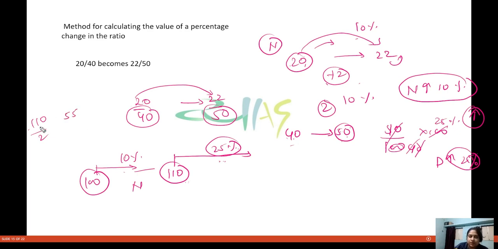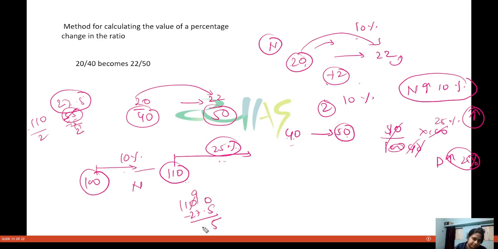Let us look at this method once more so that everybody becomes very clear with this concept. So what is happening? There is 20 divided by 40 and that becomes 22 by 50. So 20 to 22, numerator is increasing by 10%.